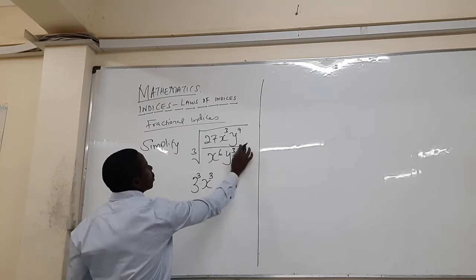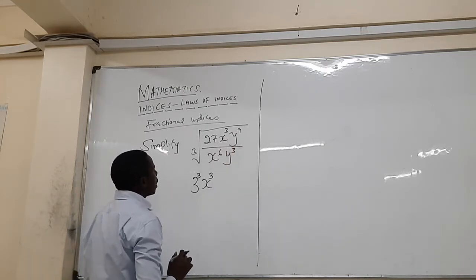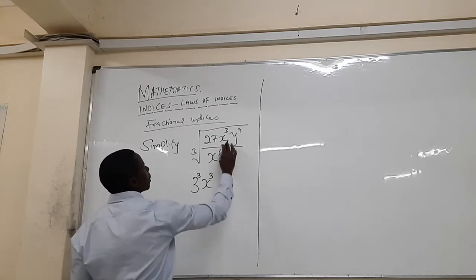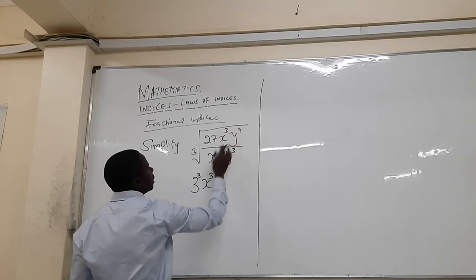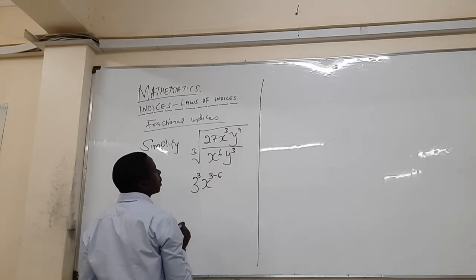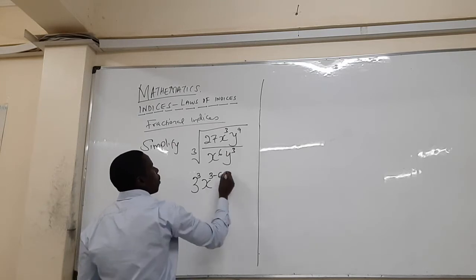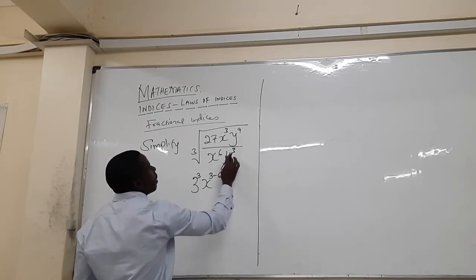Then this is a division sign, and we are dividing, so we subtract the powers of the indices. So x power 3 divided by x power 6, of course I get x power 3 minus 6. And then y power 9 divided by y power 3.